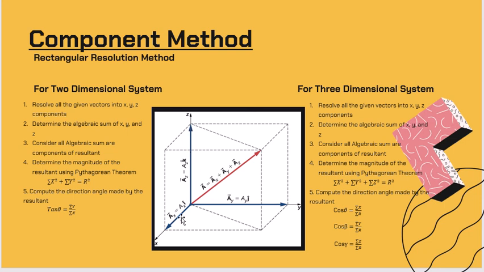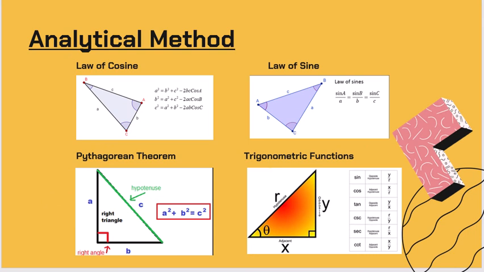Summation of x, tsaka yung r natin, yung resultant na nandito. So, nanditong angle yung kukuhanin mo. Depende sa representation of your given data. So, just follow the analytical method. Ito kasi yung magiging basis mo to compute for the 2-dimensional and 3-dimensional system na gagamitin mo.